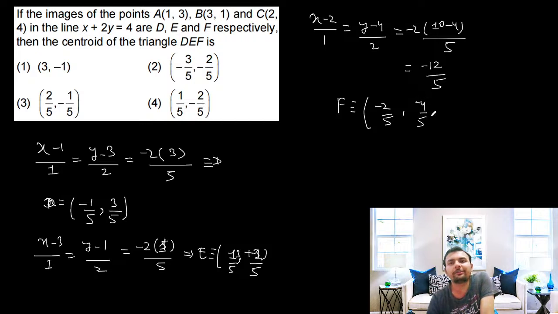minus 4 by 5. So centroid will come out to be a plus b, minus 3 by 5 plus 13 by 5, 2 by 3, 13 by 5 by 3. It's a 2 by 3.